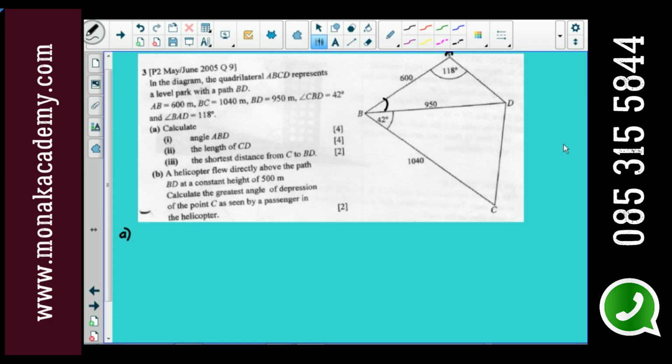So here's the secret. For you to apply the sine rule, remember we have two, sine or cosine rule, right? For you to apply the sine rule, if you are looking for the angle, at least you must have the side which is opposite to that angle. Do we have the length of the side opposite to that angle?